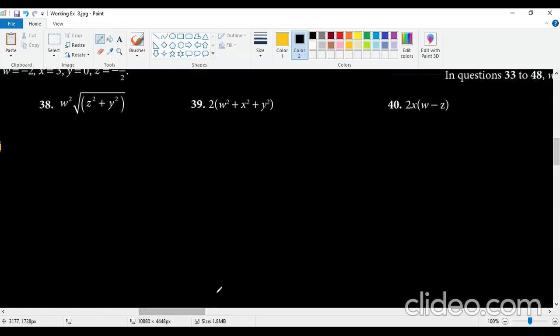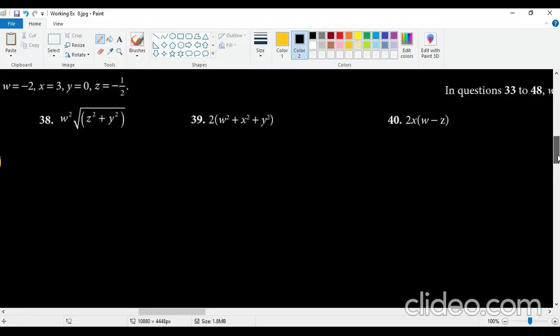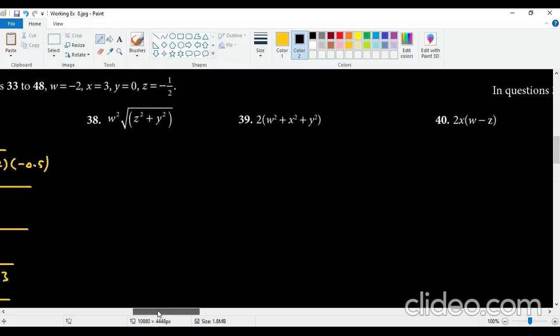This is the value of w is negative 2. Negative 2 will be outside with the square on it, and under the root this is z, which is negative 0.5 multiplied by itself, plus the value of y is a 0 square, and this is going to give you a plus 4.